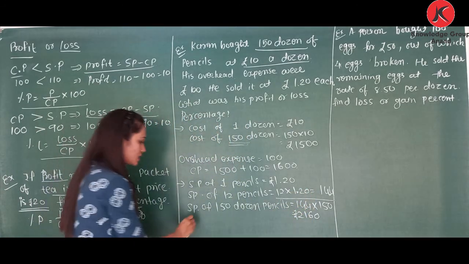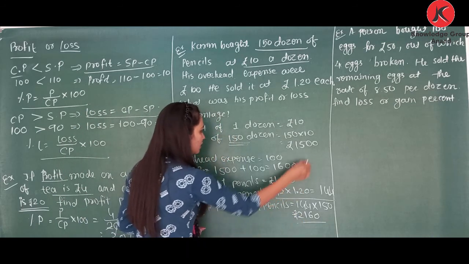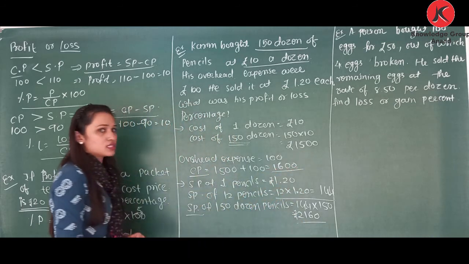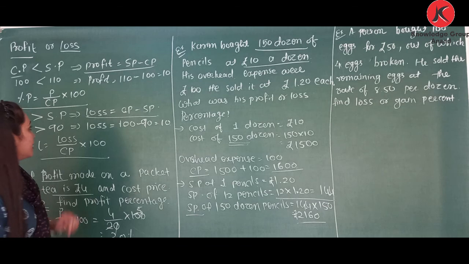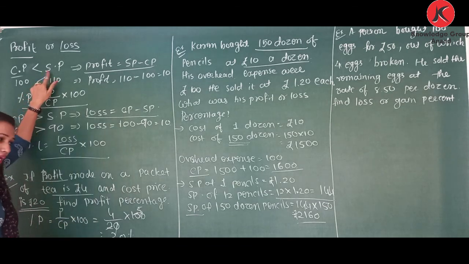Now this is our selling price, and this is our cost price. Here the selling price is greater than the cost price, so we get a profit.